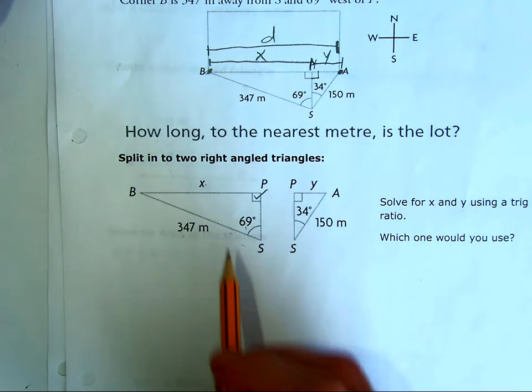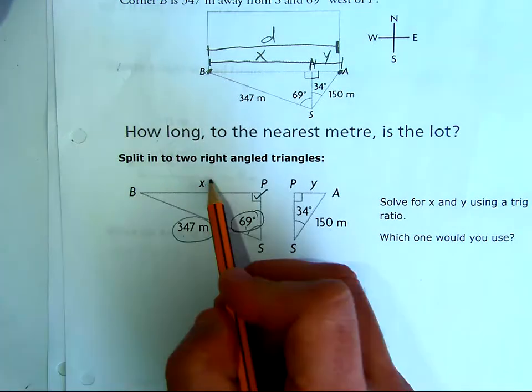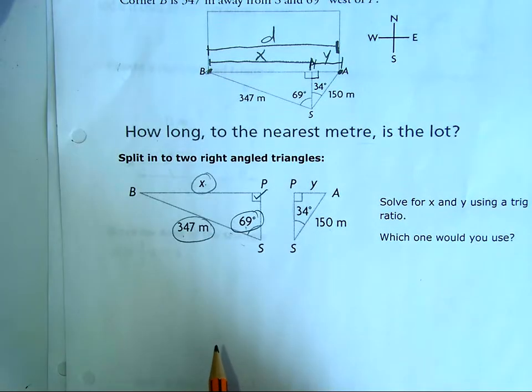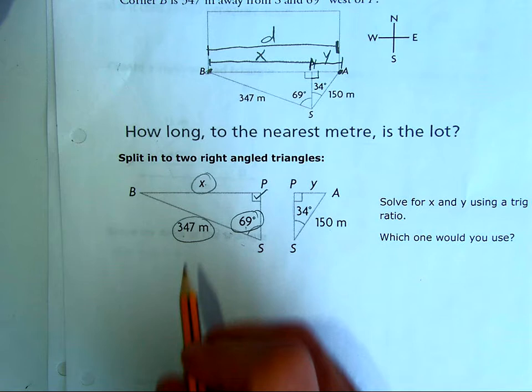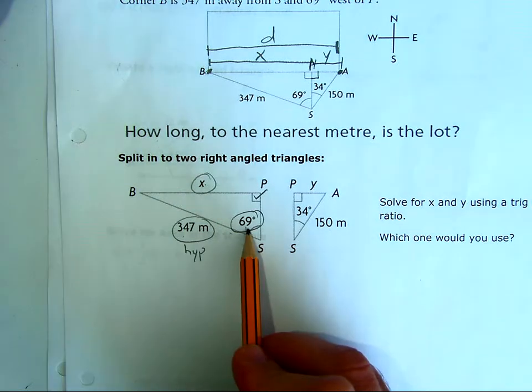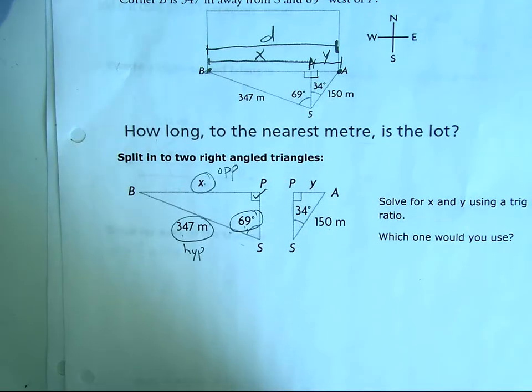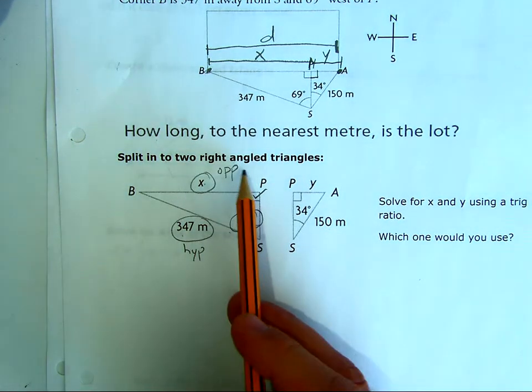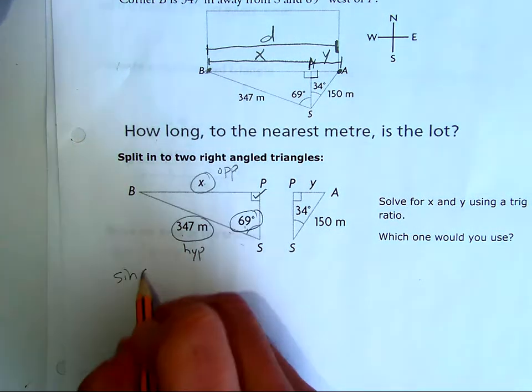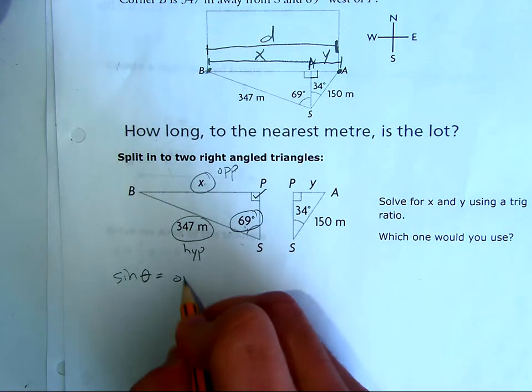Looking at this 90-degree triangle, we have 69 degrees. We're given this side length, and we're trying to find that side length. This side here is the hypotenuse of the triangle, and according to this angle, this is the opposite side. What relates opposite and hypotenuse is sine. So sine theta is opposite over hypotenuse.